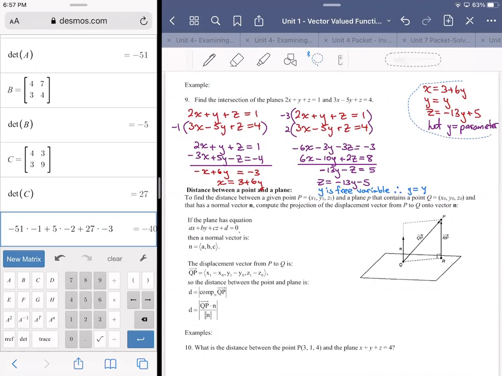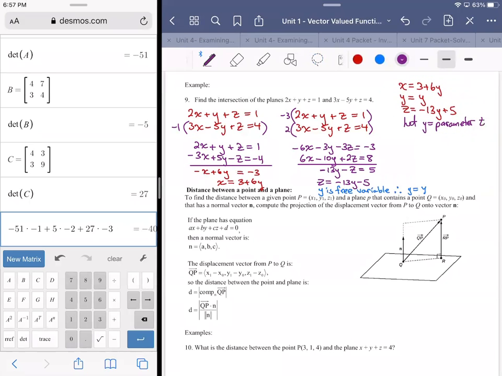And I can never really judge the amount of space I need to write in a class where I'm supposed to be talking about spatial reasoning. All right, parameter t. So y is equal to parameter t. So therefore, we'd have our system that represents the intersection: x equals 3 plus 6t, y equals t, and z is equal to negative 13t plus 5.